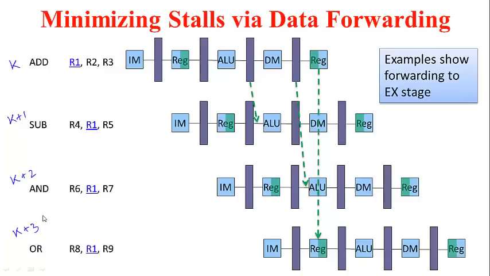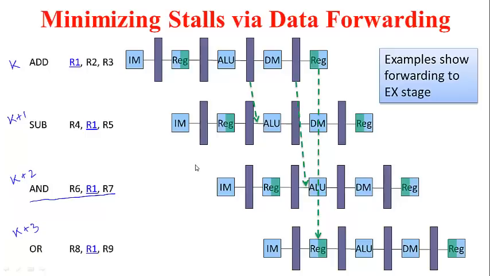Let us first focus our attention on this instruction k plus 2, which is in this case the AND instruction, which is supposed to use this value R1 produced by instruction number k. If we look at this AND instruction, we realize that the value for doing the AND operation is really required only in its third stage, not in the second stage.